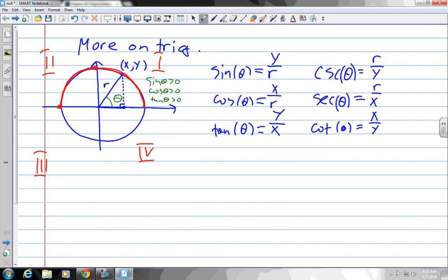So if the y value is positive, then since sine is y over r, sine theta will still be positive, but cosine theta will be negative, and so is tangent. Since both tangent and cosine have x in their expression, if x is negative, the whole thing is going to be negative.